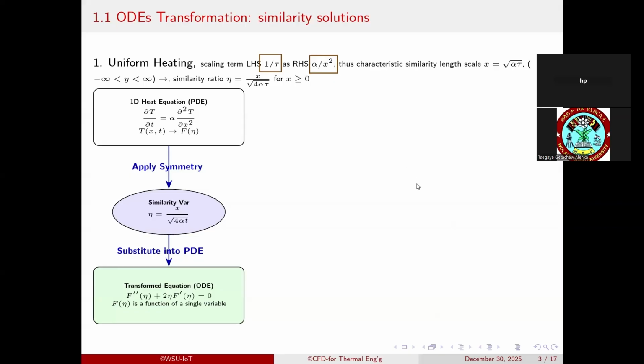Considering the characteristic length scale of square root of alpha tau, the similarity variable eta is x over the square root of 4 alpha tau for all x greater than or equal to 0, where the constant 4 is selected conveniently for simplifying the resulting differential equation.